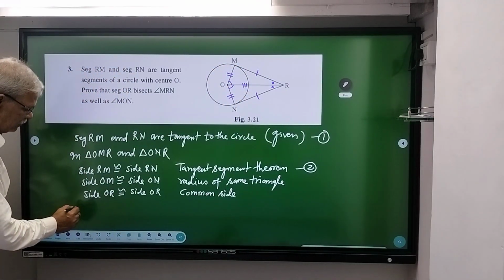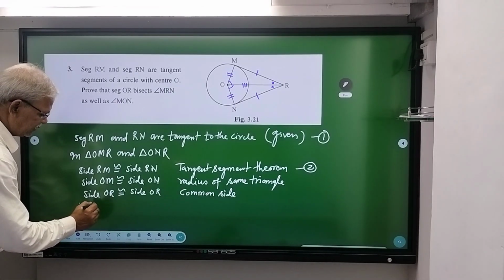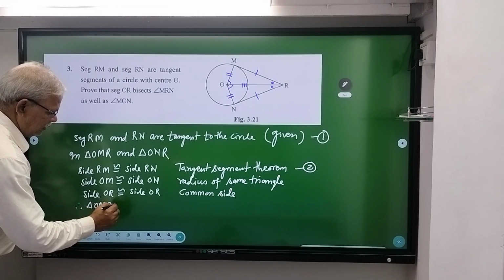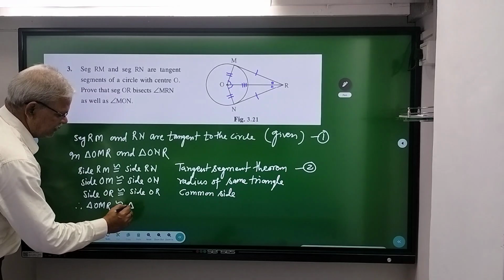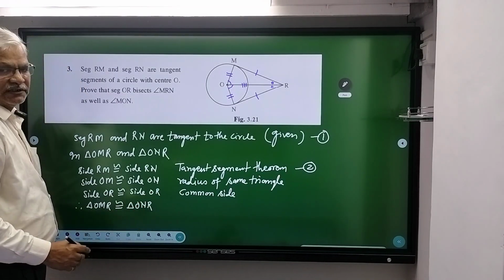Therefore, these two triangles, triangle OMR is congruent to triangle ONR, by which test?